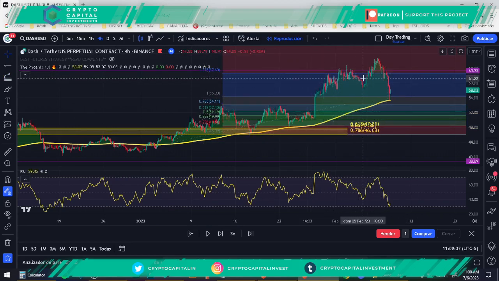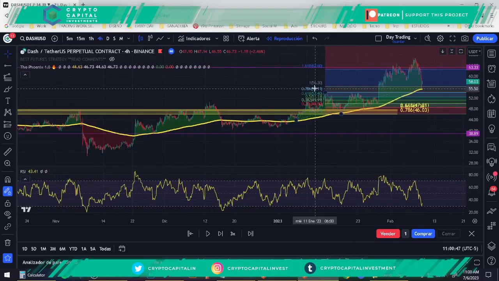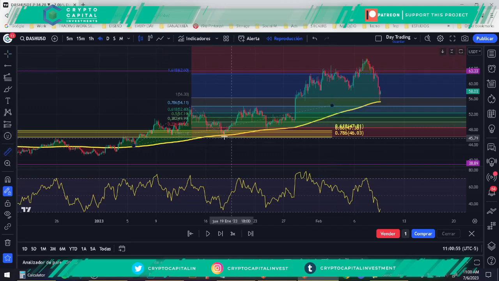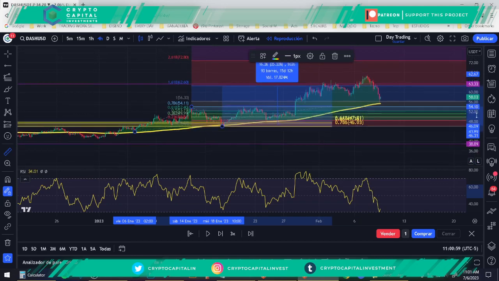Some of the people use extensions, so you gotta try to align this with previous support and resistance, and that is going to be your target, and you can then take profits here to know more easily where to take your profits, as you can see here.